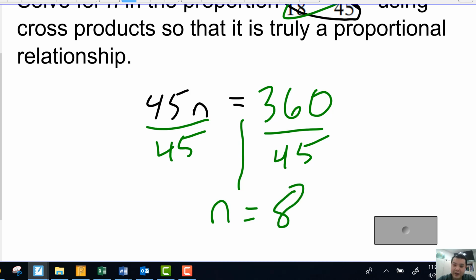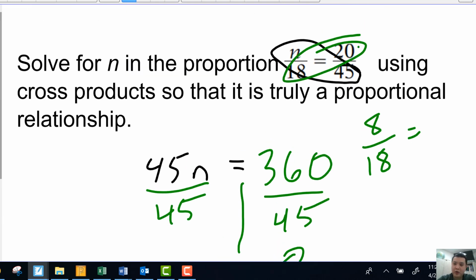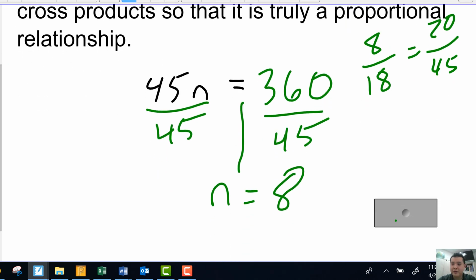Nope, 8. N equals 8. So 8 over 18 is proportional to 20 over 45. Those are the exact same ratios.